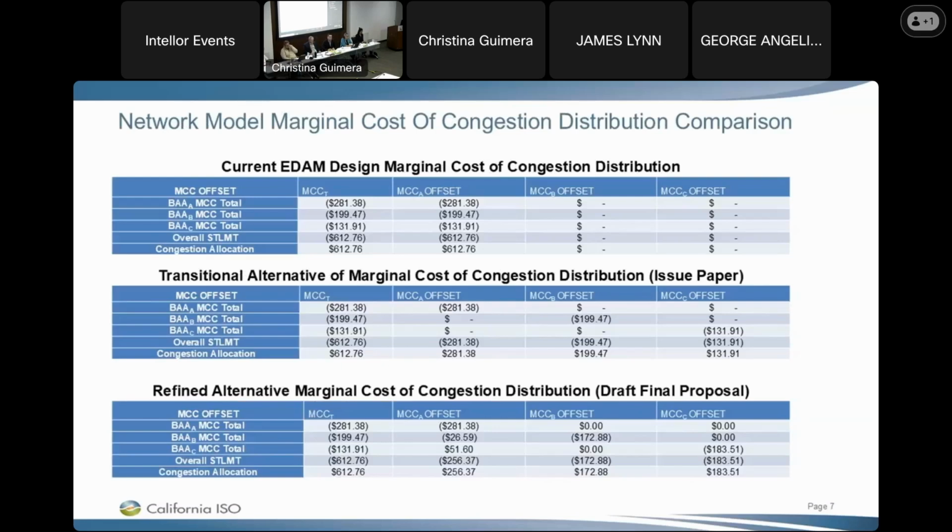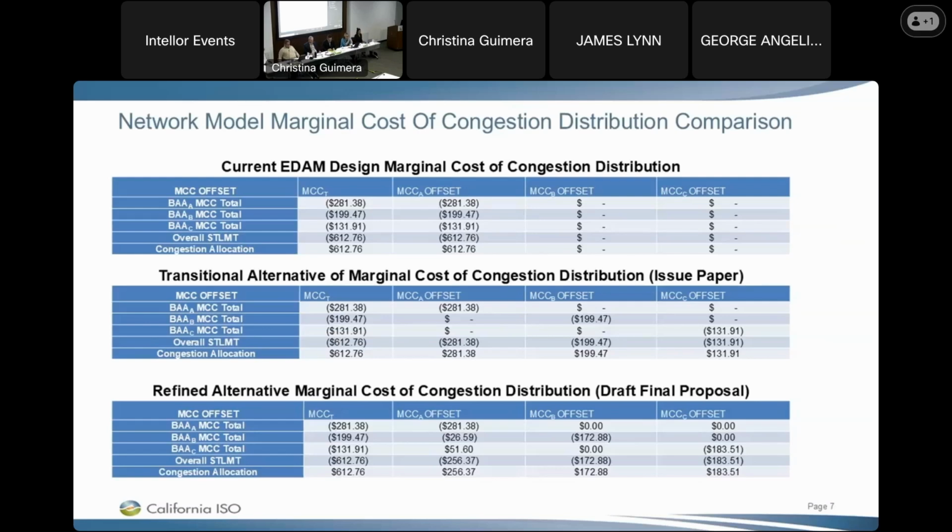Under the transitional alternative, which was part of the issue paper, I would have had that $612.76 distributed based upon where that congestion materialized. So BAA would have gotten $281.38, BAB would have gotten $199.47, and BAC would have gotten $131.91.